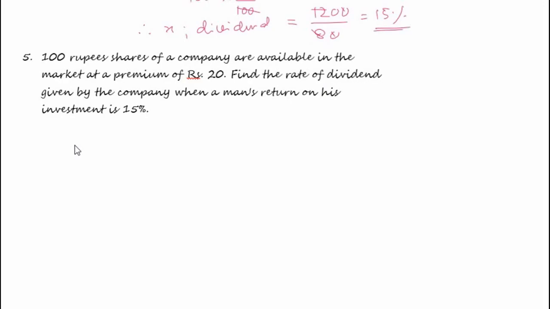Next problem. 100 rupees shares of a company are available in the market at a premium of rupees 20. Find the rate of dividend given by the company when a man's return on his investment is 15%. So let us list the data given here. 100 rupees shares, that is nominal value is 100, available in the market at a premium.